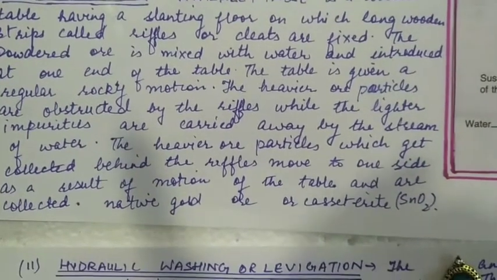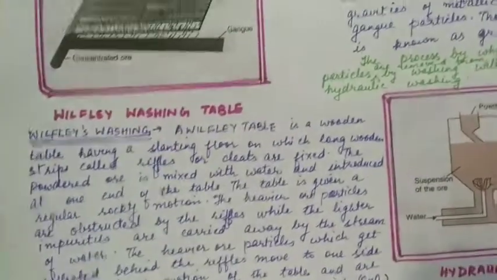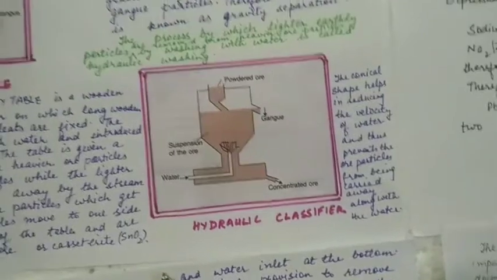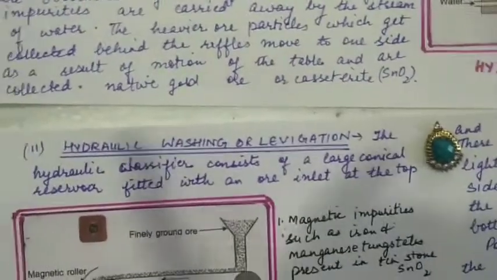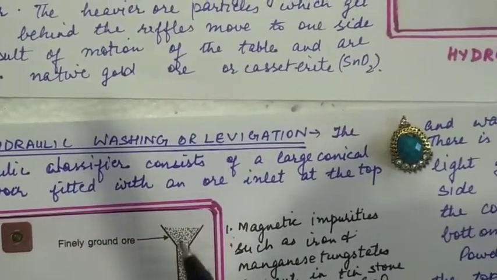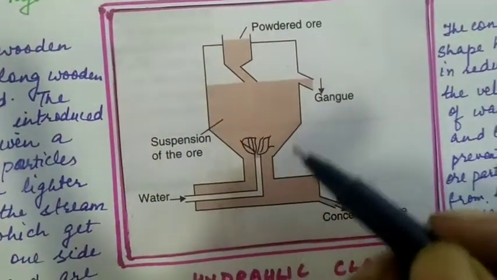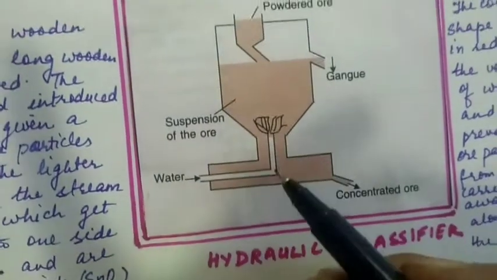Native gold ore or cassiterite ore is concentrated using the wilfley washing table. The second method is hydraulic washing. Hydraulic classifiers are used. A hydraulic classifier consists of a large conical reservoir fitted with an ore inlet at the top and a water inlet at the bottom.